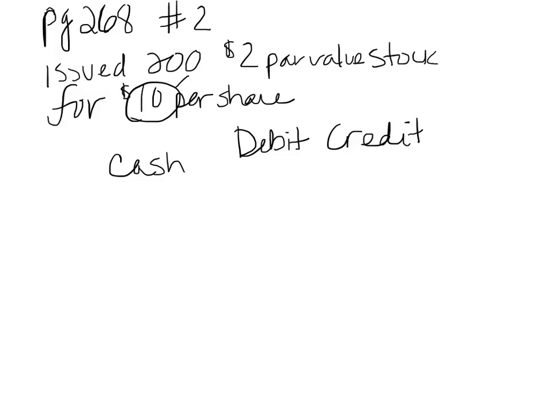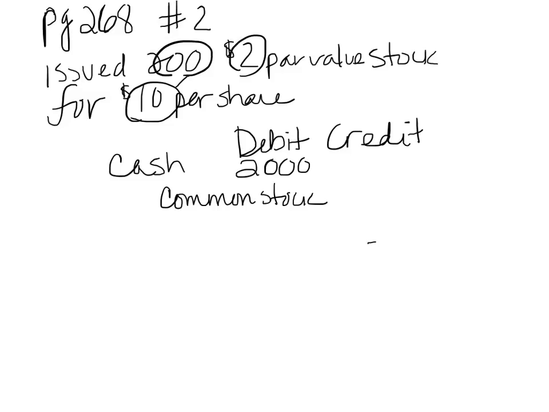So let's do 200 times $10, which is $2,000. That's how much cash I got, $2,000. I'm going to credit common stock. It's an equity account, therefore it's a credit balance. And I'm going to do that for the $2 times the 200, which gives me $400.